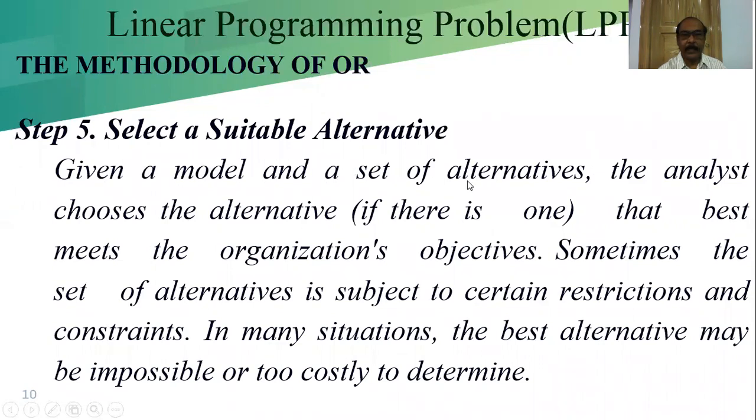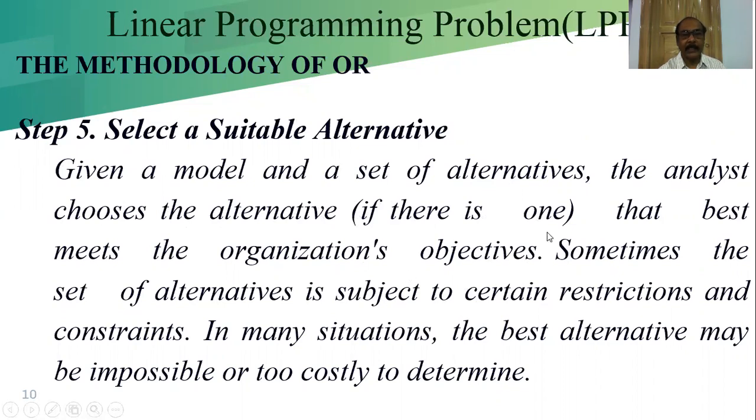Given a model and a set of alternatives, the analyst chooses the alternative if there is one, because when we feed the data, we have alternate models, and we want the one that gives us the best result, or we can say the optimum result, whatever we want.